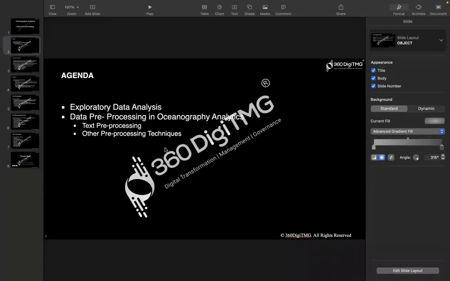Here we will be exploring data analytics and data pre-processing in oceanography analytics. Then we have text pre-processing and pre-processing techniques. What comes under EDA? Nothing but exploratory data analysis.